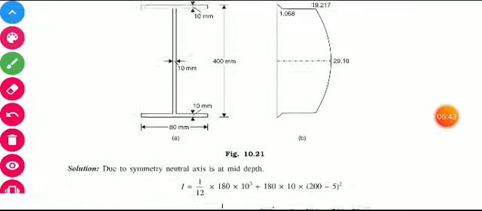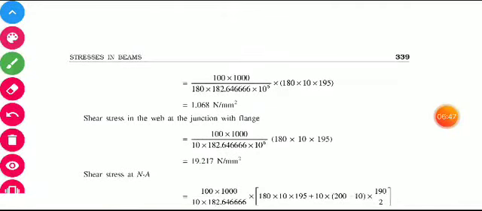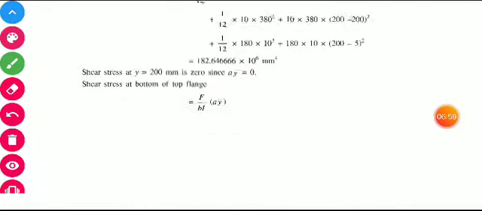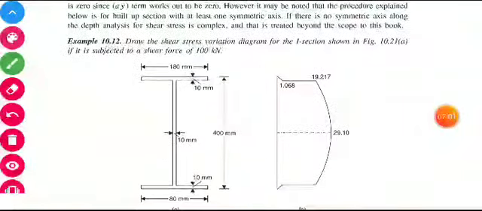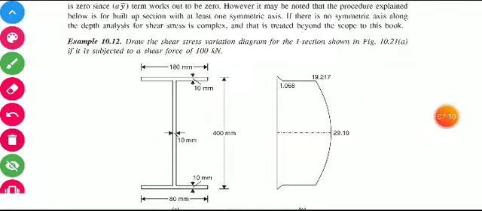Now we calculate at the mid, that means at the maximum point, the neutral axis. Everything else remains constant. What is the area at the neutral axis? Here the area considered is this area and this half area of the T section above the neutral axis.